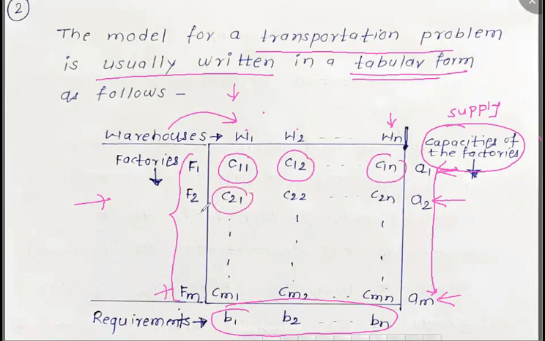C21 is the cost of transporting one unit from the second factory to the first warehouse. C22 is the cost of transporting one unit from the second factory to the second warehouse, and so on. So in this way, the transportation problem is usually written in this format using the matrix or the tabular form.